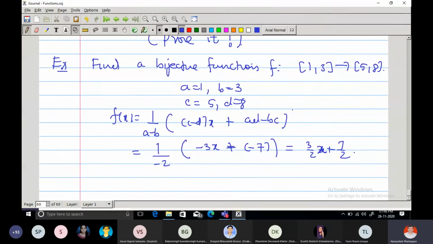But is it the only function? You can find another. What is the exercise? Reversing the signs. You check it.